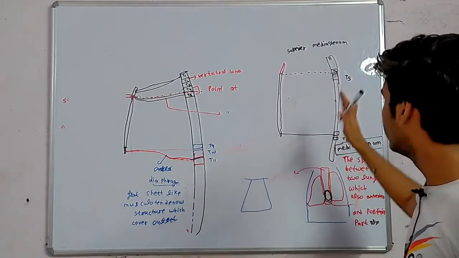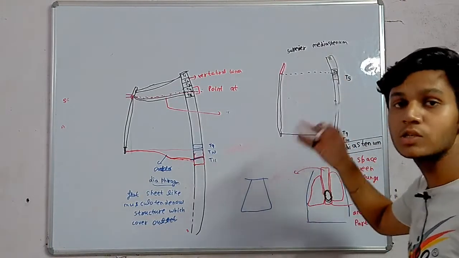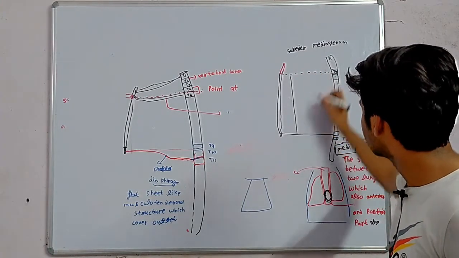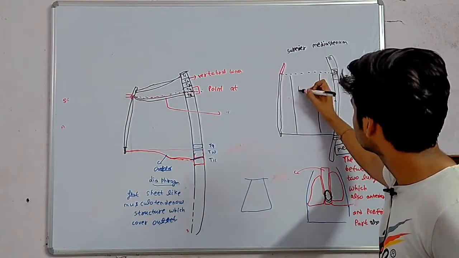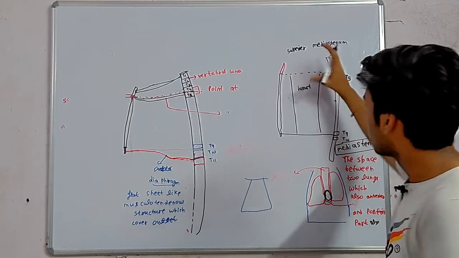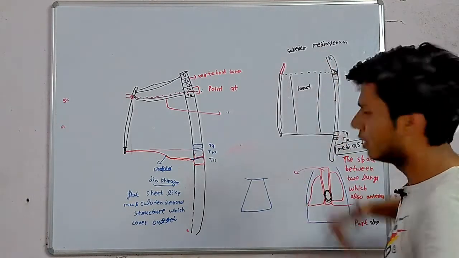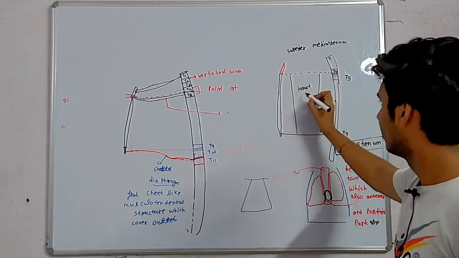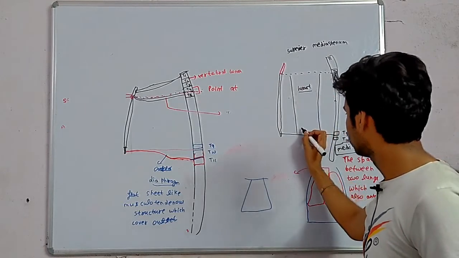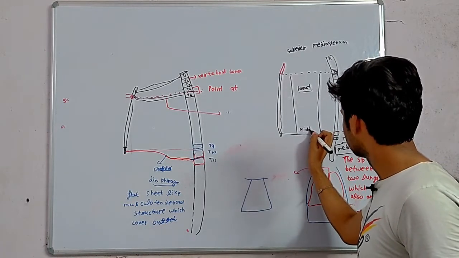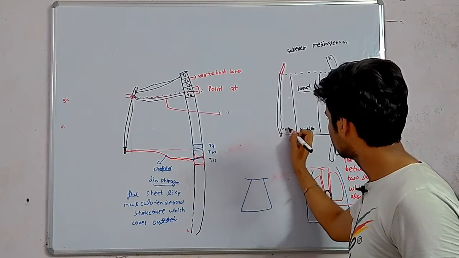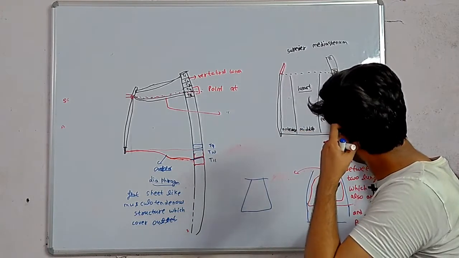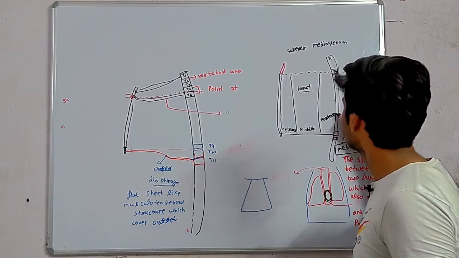Inferior mediastinum is also divided into three parts. Now we know this is heart. This whole space is between two lungs. It is also divided, the inferior mediastinum, into three parts: middle, anterior, and posterior mediastinum.